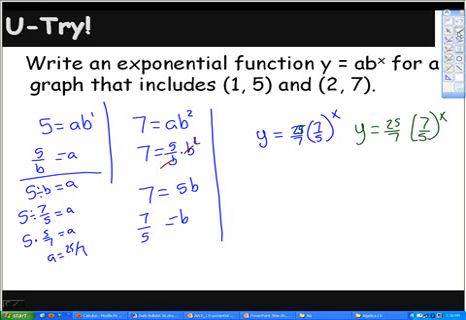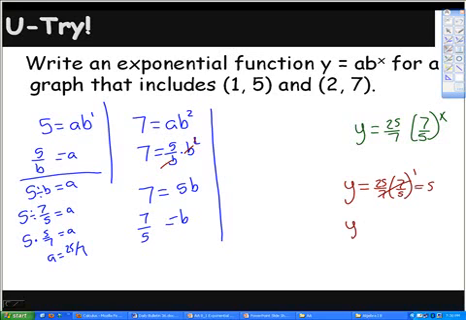Let's get rid of that other one and still check it. When x is 1, I'm supposed to get 5. So I've got y equals 25/7 times 7/5 to the 1. Well, 7/5 to the 1 is 7/5. That reduces out. 25 divided by 5 is 5. So that point checks in. Let's make sure the other point checks in.